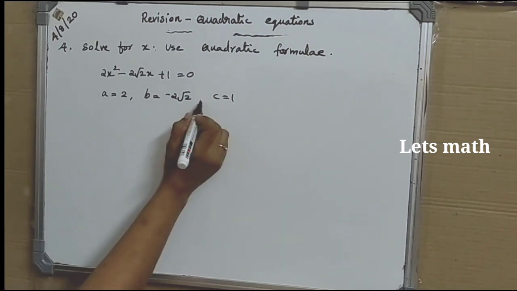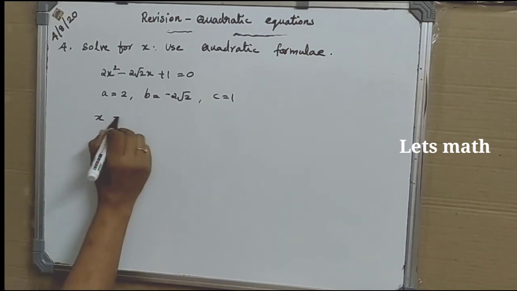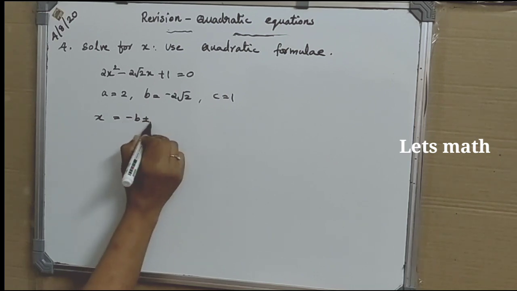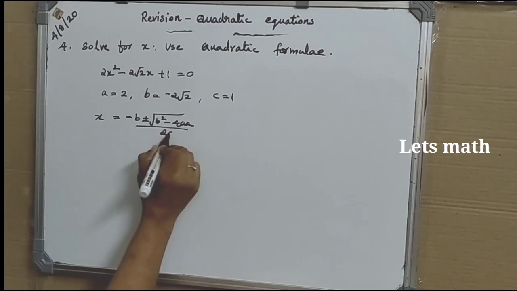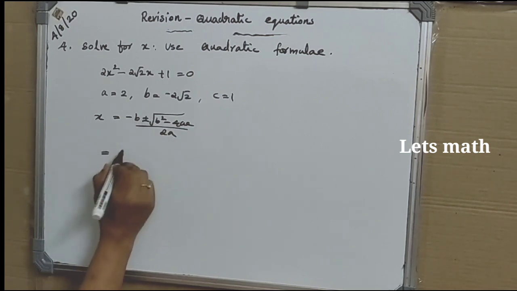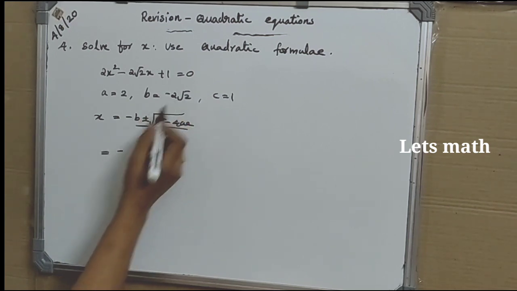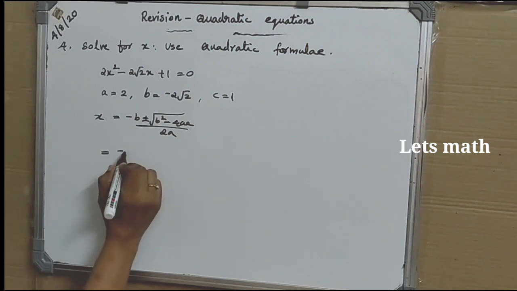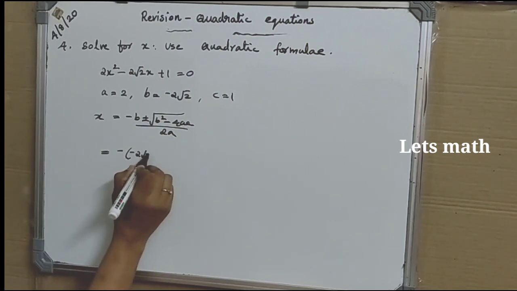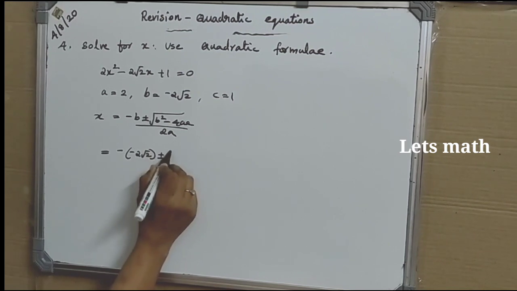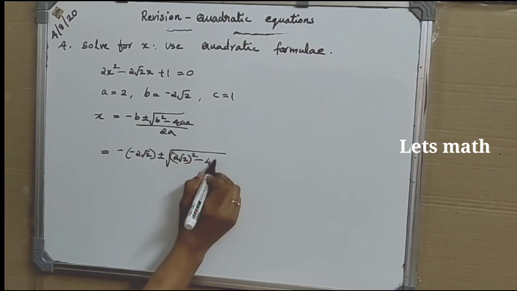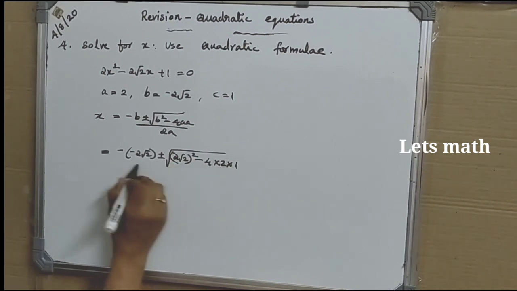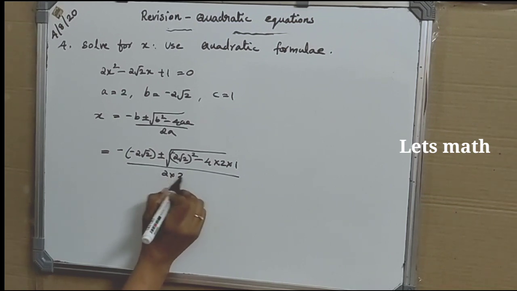Now we have the quadratic formula x equal to negative b plus or minus root of b square minus 4ac by 2a. That is, apply the values. Negative of b is negative of negative 2 root 2, plus or minus root of negative 2 root 2 whole square minus 4 into a into c, by 2 into a.